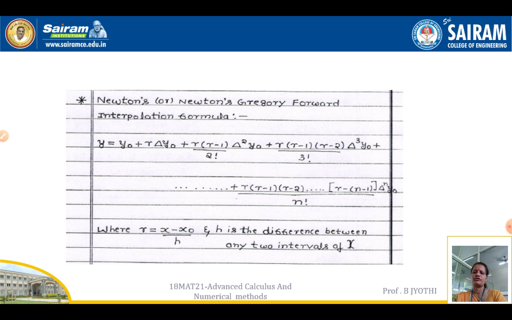We have two formulas. One is Newton-Gregory forward interpolation formula. This formula is used to calculate any value up to the middle of the data.